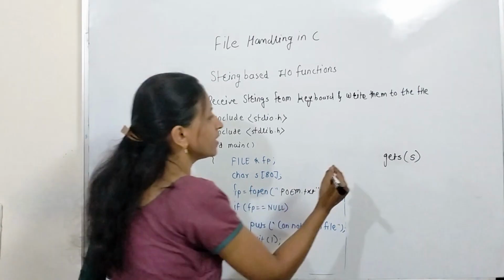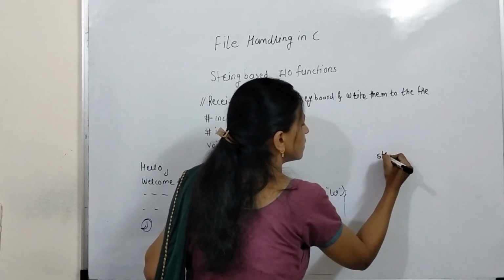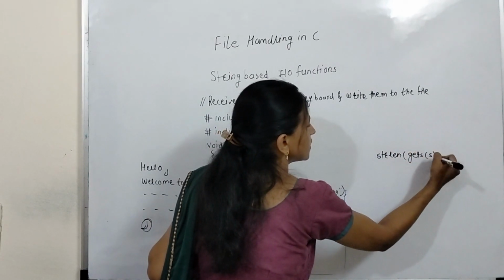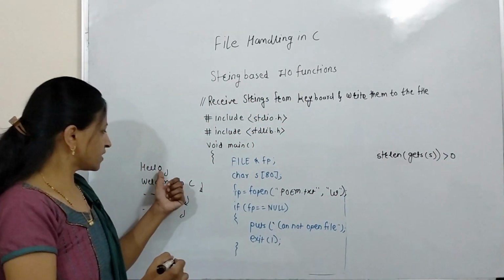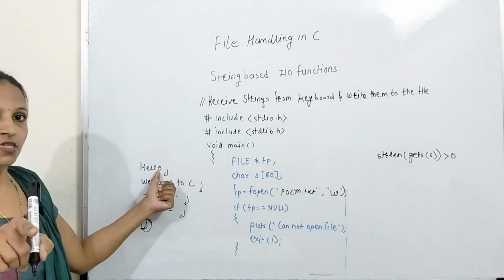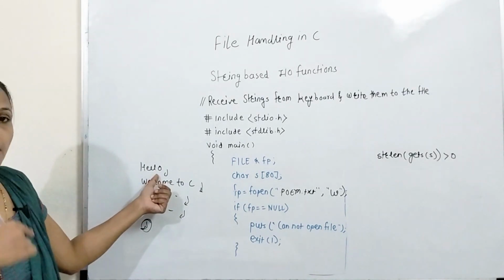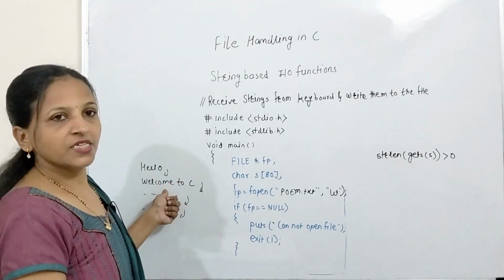Now here we will write strlen of gets s. If this length is greater than 0, it means this string has been typed by the user through the keyboard, then this string is to be written inside that file. Again this string is to be written inside that file.